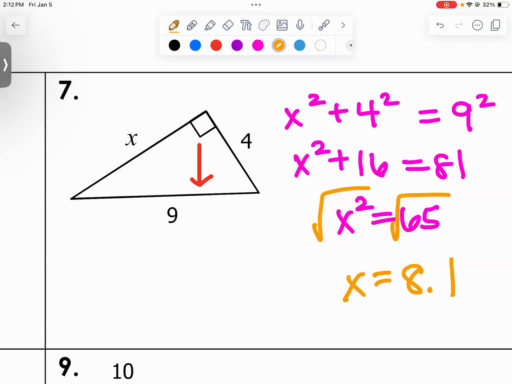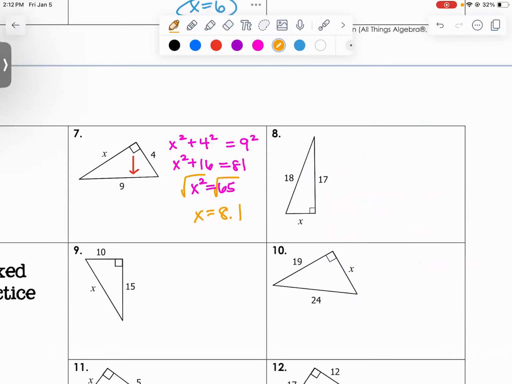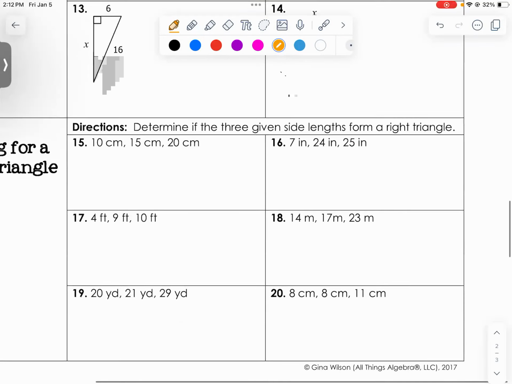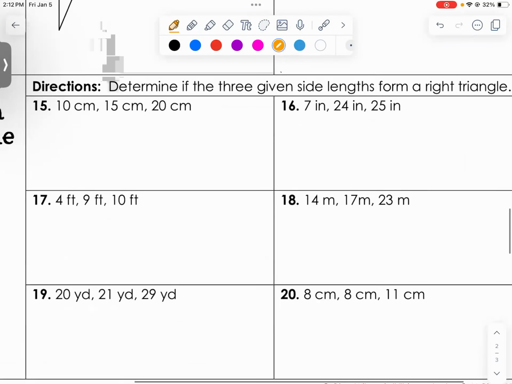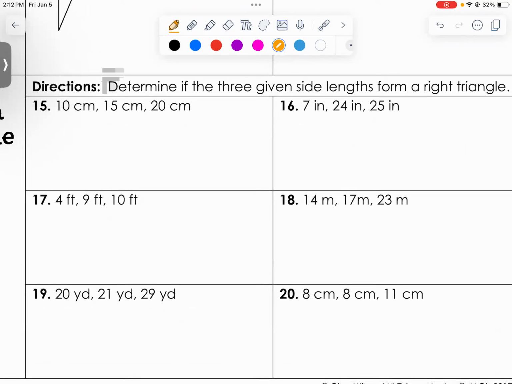Okay, now, these problems that we've just done are problems where I'm giving you that it's a right triangle and we're using it. Now, if the triangle is not a right triangle, will the Pythagorean theorem work? No. So if you go down a little bit further to number 15 through 20, I'm giving you 3 sides to a triangle and we have to decide, is it a right triangle or not?